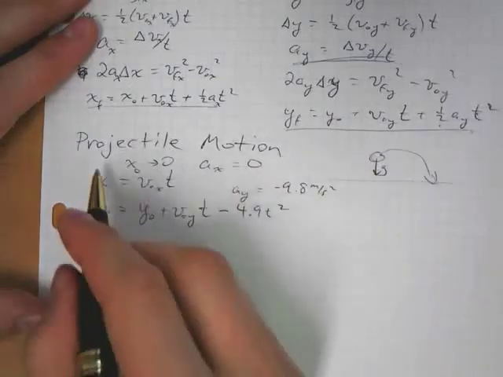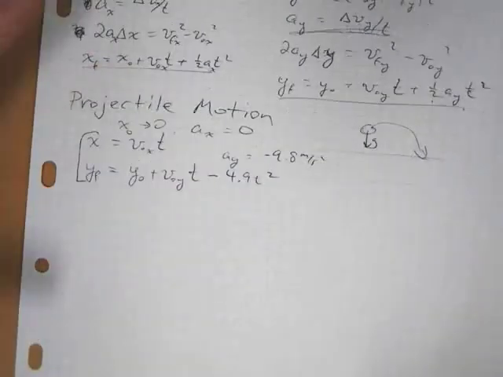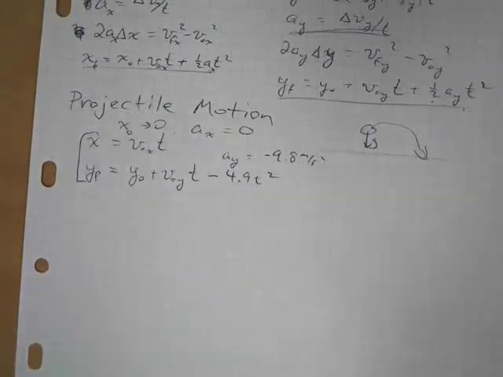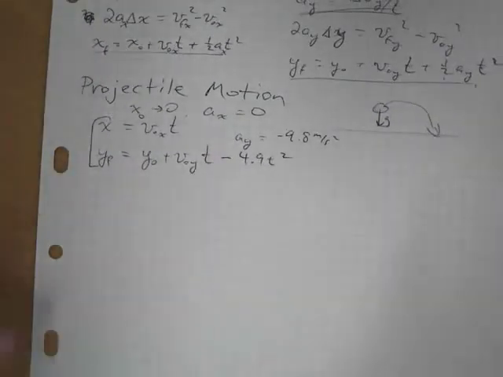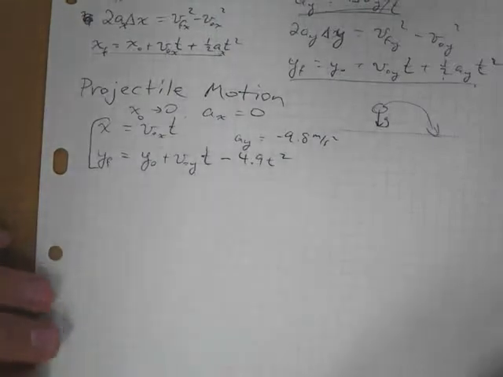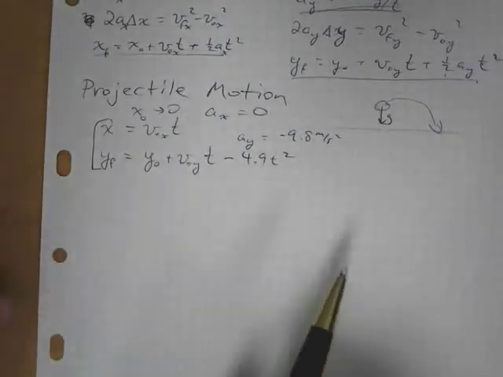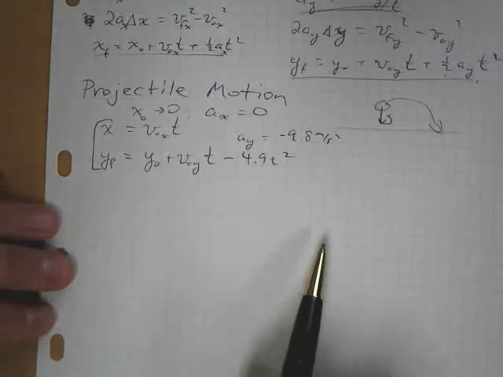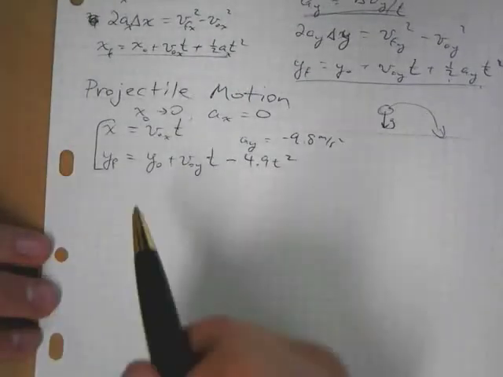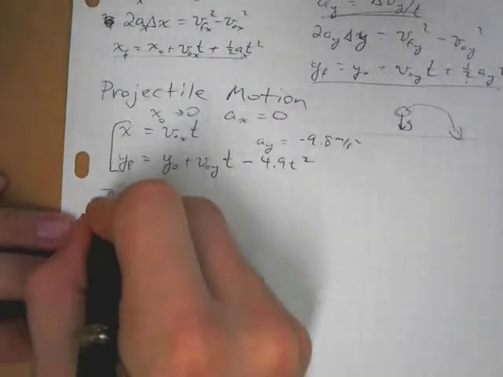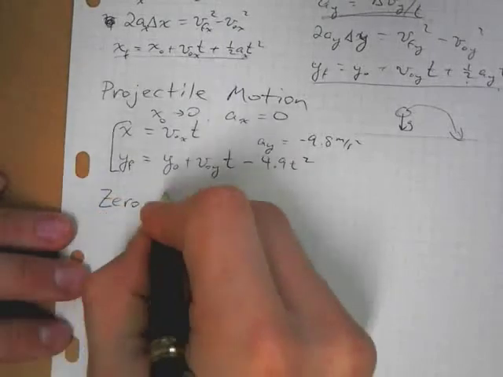So in the case of projectile motion, our equations reduce to this. And these equations govern the motion of objects flying through the air. Now today we're going to look at two special cases, and those two special cases will make the equations even simpler. The first one we're going to look at is zero launch angle.